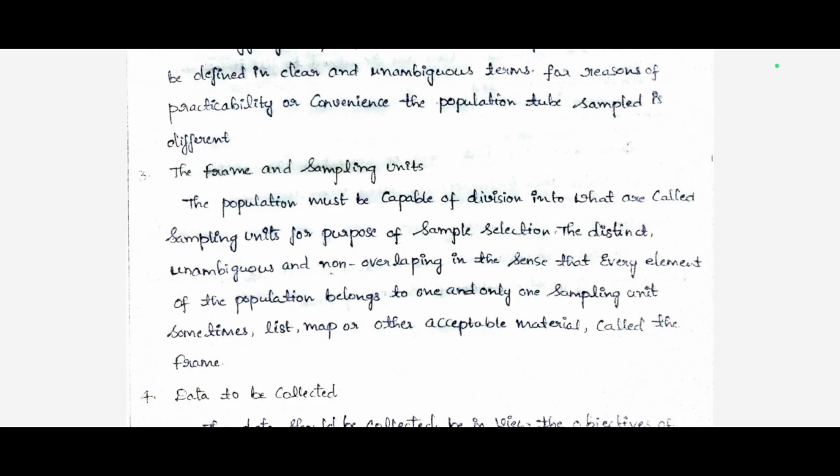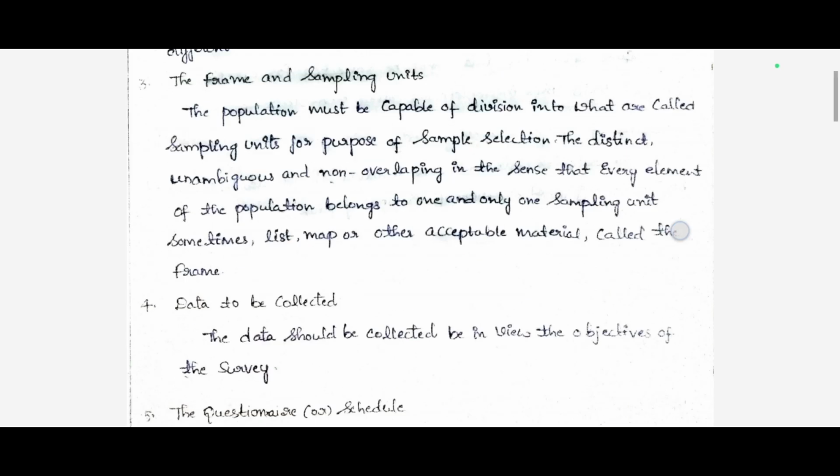The population must be capable of division into what are called sampling units for the purpose of sample selection. They must be distinct, unambiguous, and non-overlapping in the sense that every element of the population belongs to one and only one sampling unit. Sometimes a list, map, or other acceptable material is called the frame.